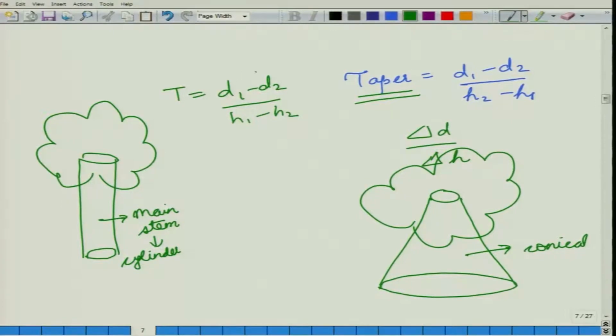However, we also note that if we expressed d in meters and h in meters, then the unit of taper would be meter upon meter, so it becomes a dimensionless quantity. So, taper is a dimensionless quantity.